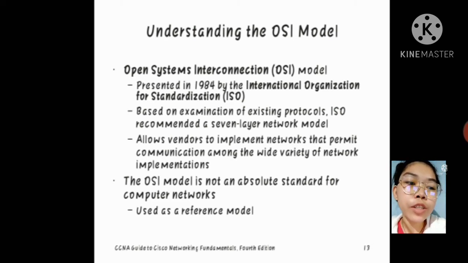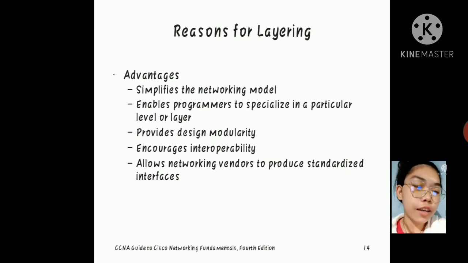It allows vendors to implement networks that permit communications among a wide variety of network implementations. The OSI model is not an absolute standard for computer networks. It is used as a reference model, and these are the advantages of OSI.